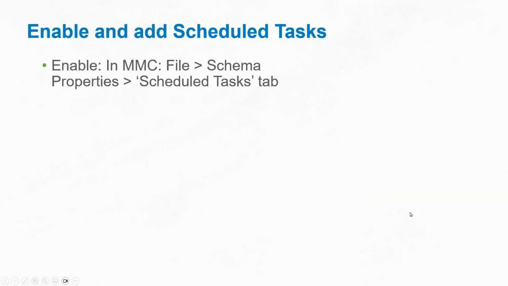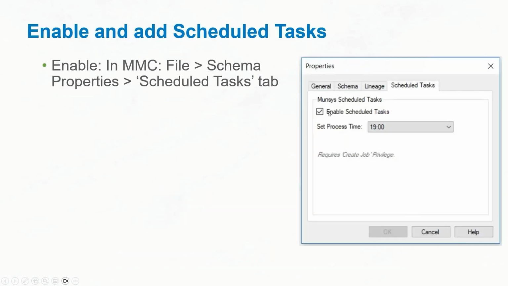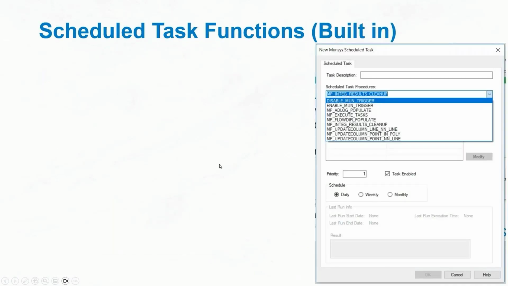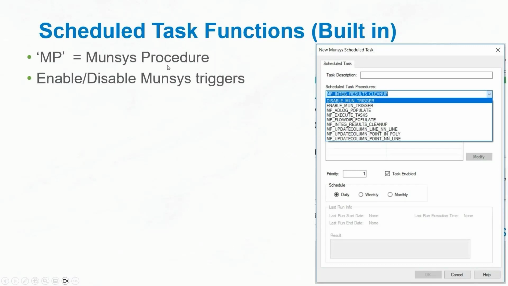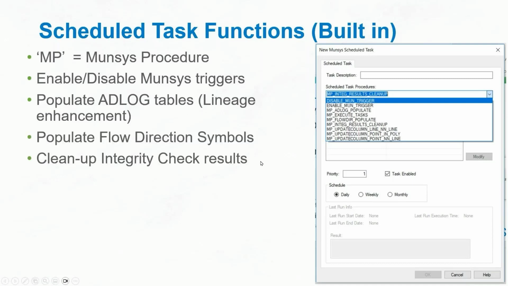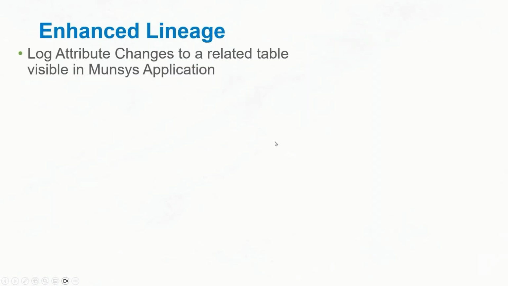And what that will do is enable the scheduled task. And you can then go and add the scheduled task. So there's a number of these. It's a procedure, and AD log is the one. It's the lineage enhancement. There's a few more: populate flow direction symbols, clean up integrity results, copying attributes, and so on.